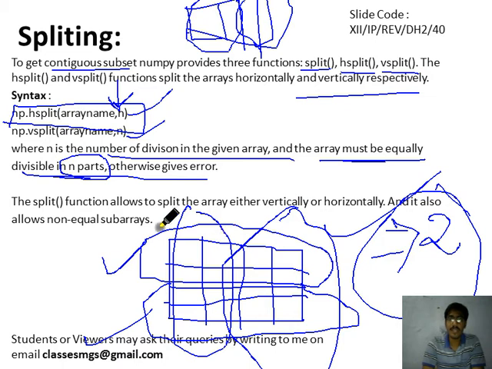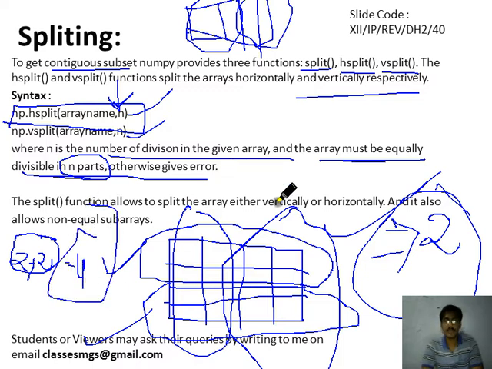Let's suppose the size is 4, and we can divide this numpy array into two parts of 2 plus 2, so that we get the actual size of the numpy array. If a 4 size numpy array, with 4 rows or 4 columns, cannot be split like this into 3 parts, because it will not have contiguous locations in that case. Okay, so we will see this with an example in the next slide.